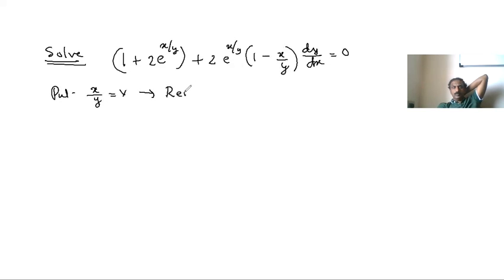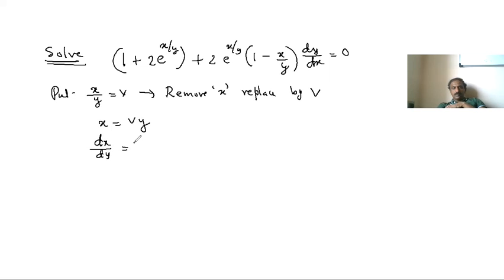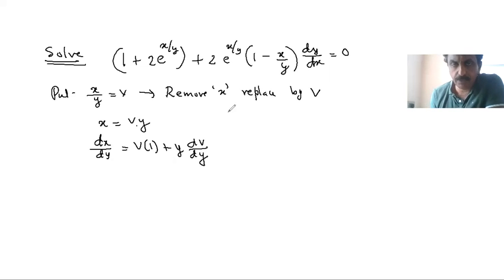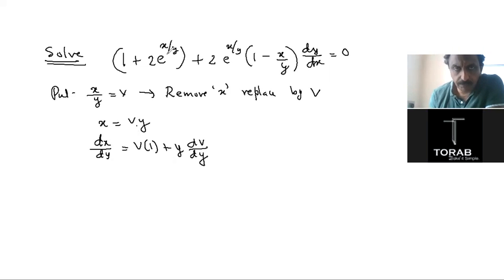So you will remove x and replace it by v. This is very important. So how will I write x? x equal to vy. So dx by dy I will take as v plus y into dv by dy. Understood that? So I am removing which variable here? x. So that my integration will be much easier compared to what I was doing before.